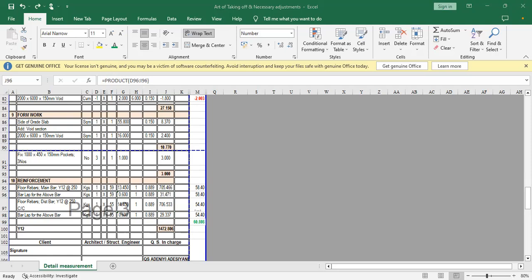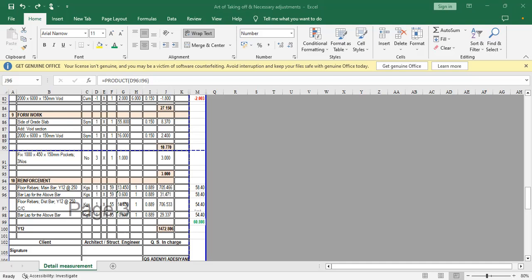Before I conclude, I would also like to point out we should ensure that our taking off is as practical as possible. For instance, in the southwest region of Nigeria where we have very good soil, there may not be need for us to make provision for disposal of water, either trench water or earthwork support, in our taking off.